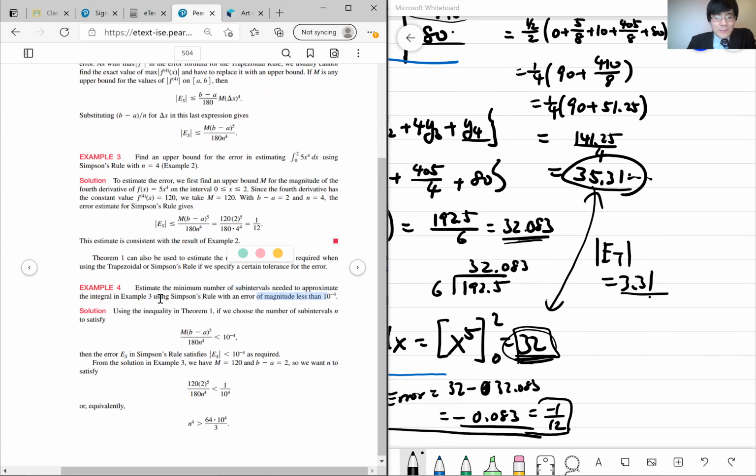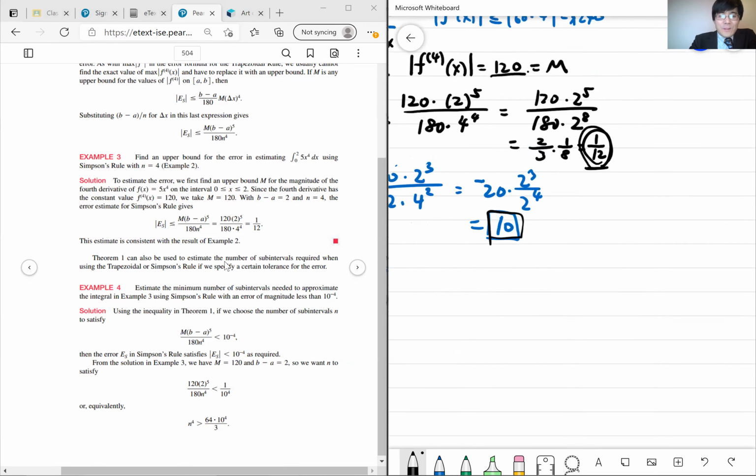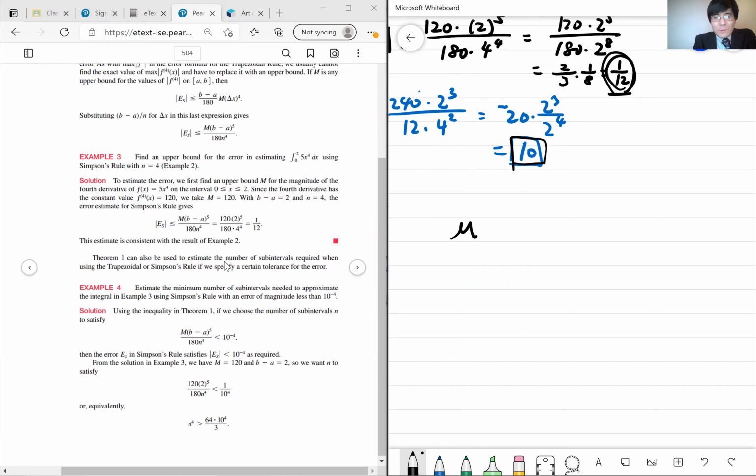For example, if we want to make the error less than 0.00001, how many intervals will we need? In that case, because the maximum possible error is this, we want that to be less than 10 to the power of -4.